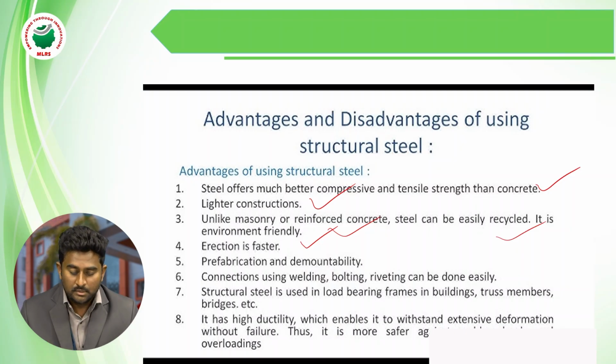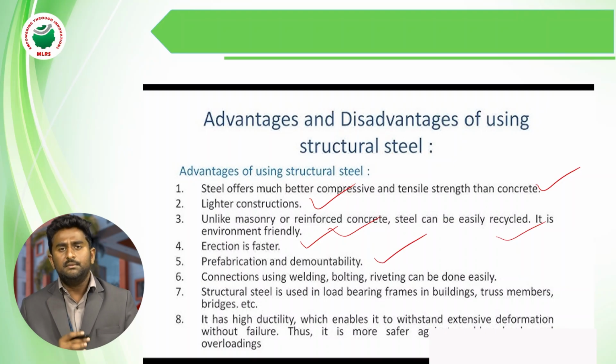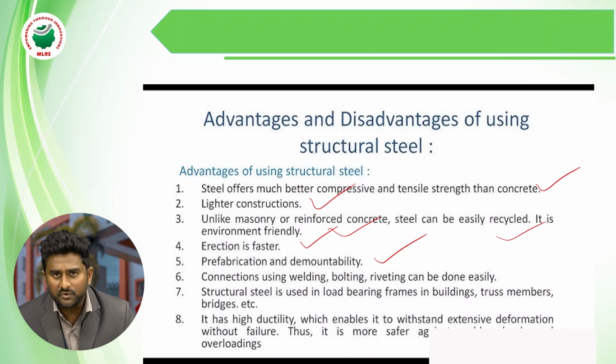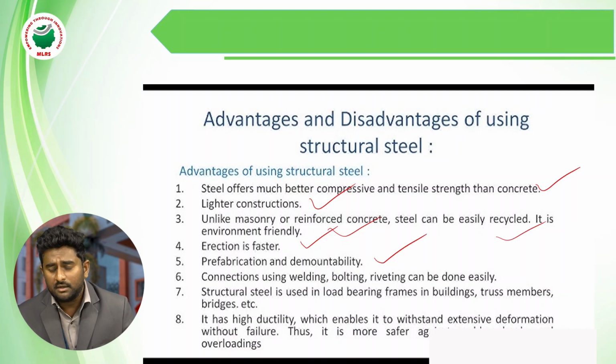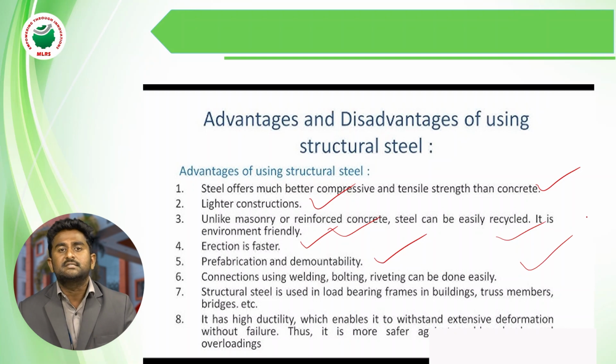So, prefabrication of structures and demountability. It can be easily remolded and moved from one place to another. For example, you can construct a toll gate, and after approximately 10 years shift it to a place 35 kilometers away. All the structural elements can be easily removed and reconstructed.